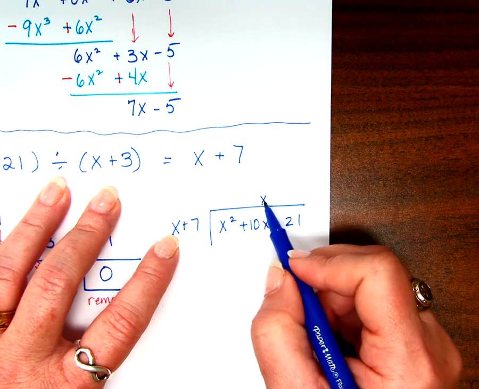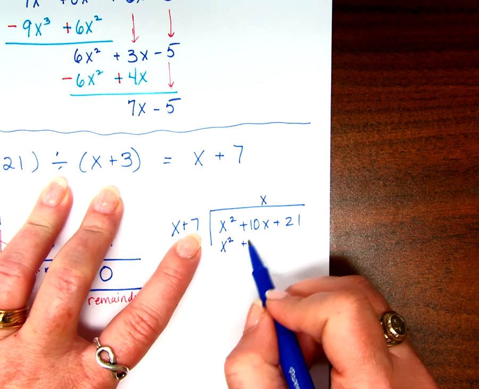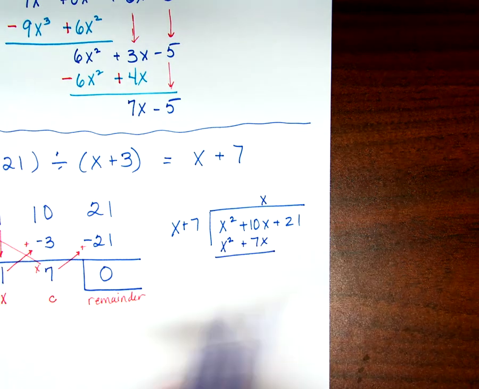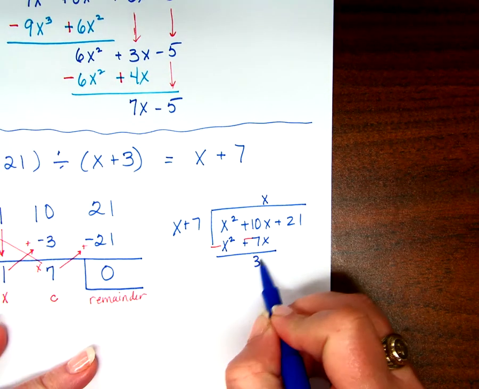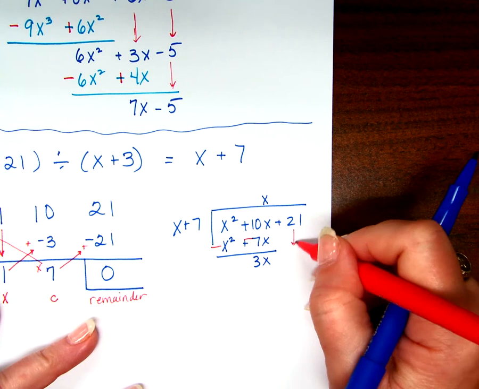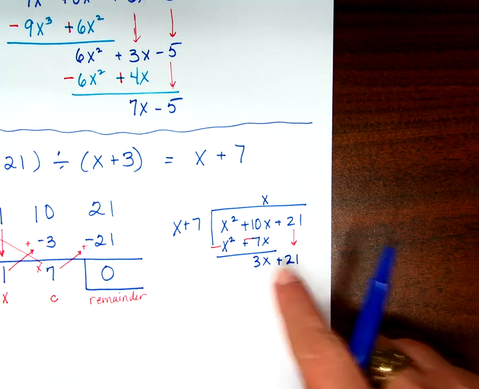Write it above the term that it's like. x times x is x squared. x times 7 is 7x. I subtract. I get 3x. I bring down my next term, plus 21. Divide.